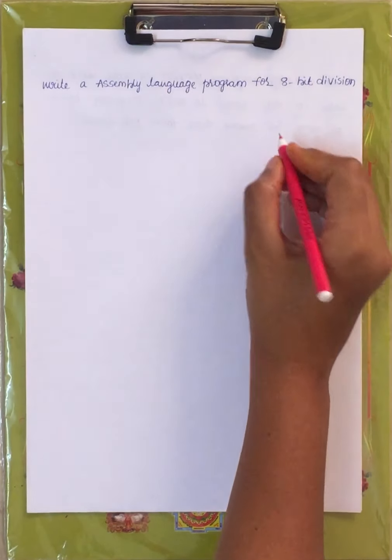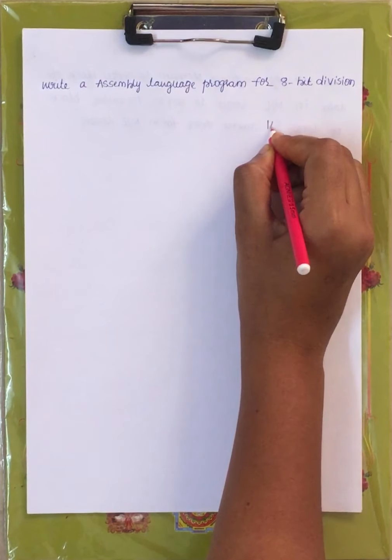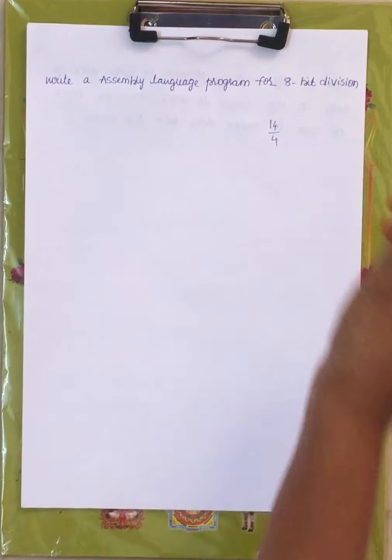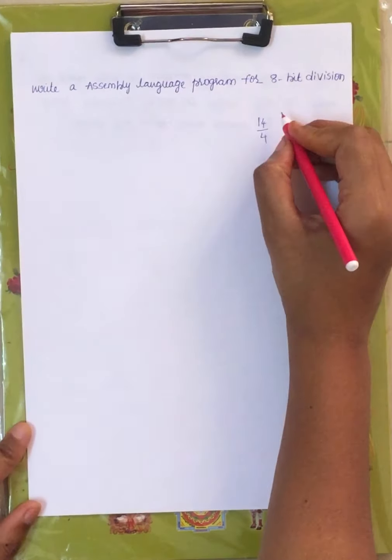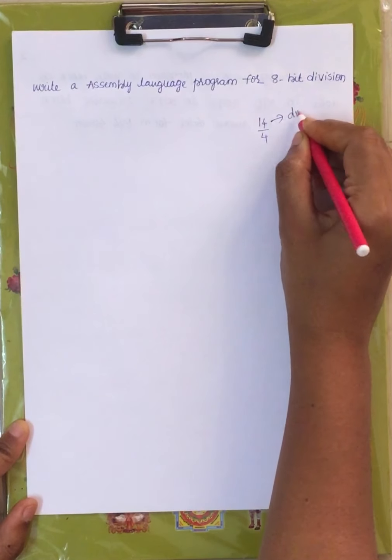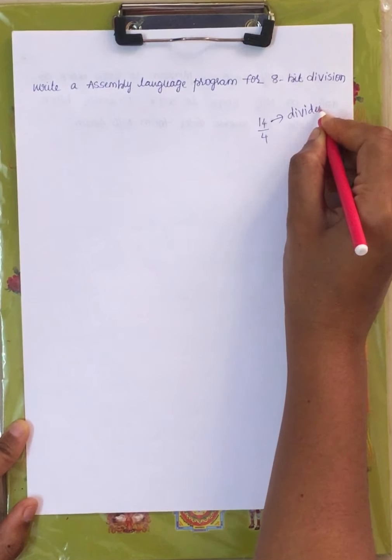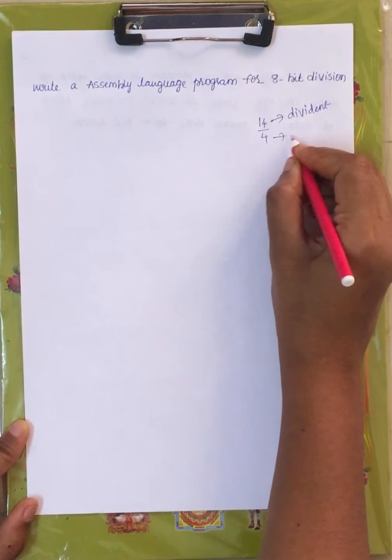Now how that is possible, let us see. Before writing the program, let me explain its procedure. Let us assume 14 divided by 4. What is the dividend here? 14 is your dividend and 4 is your divisor.